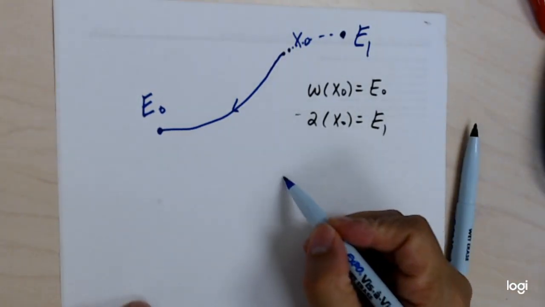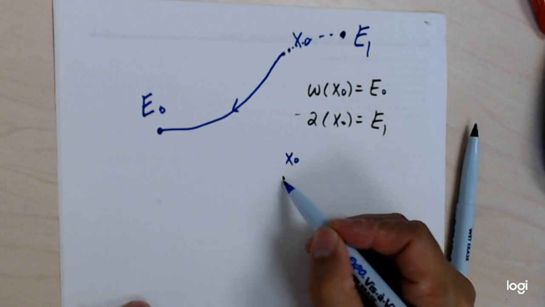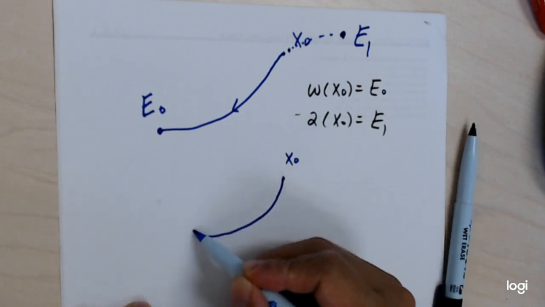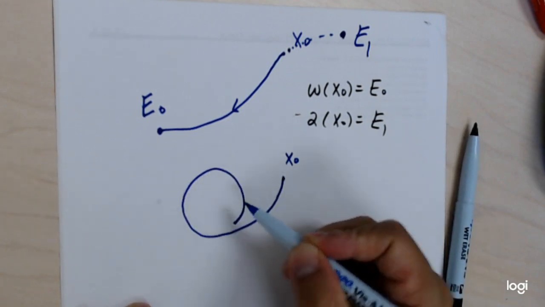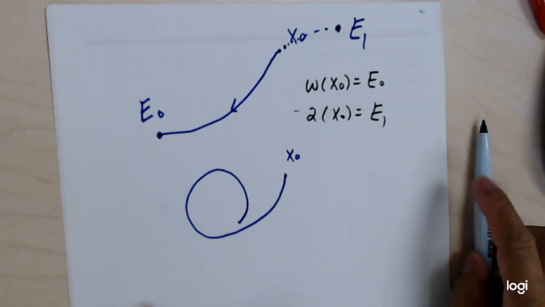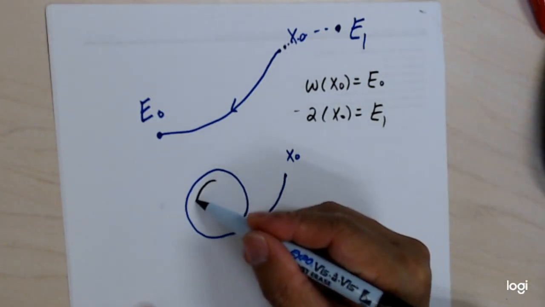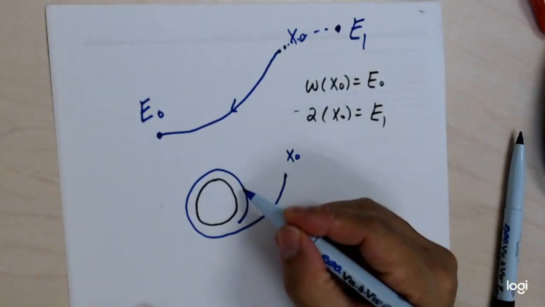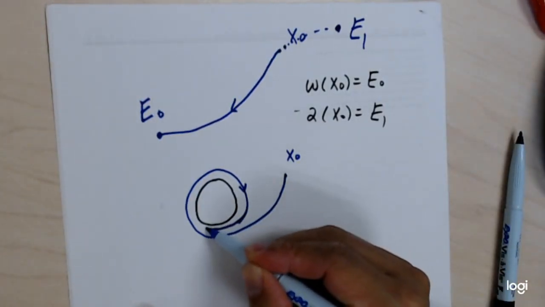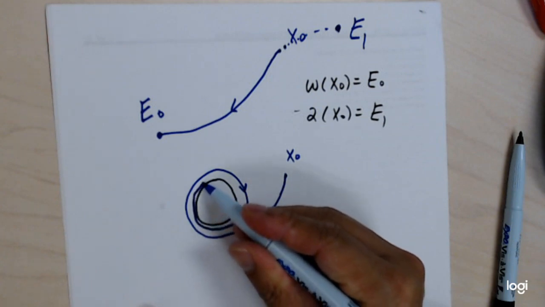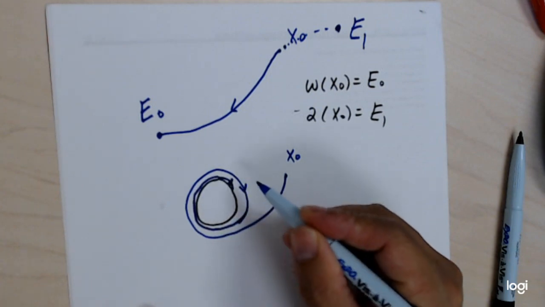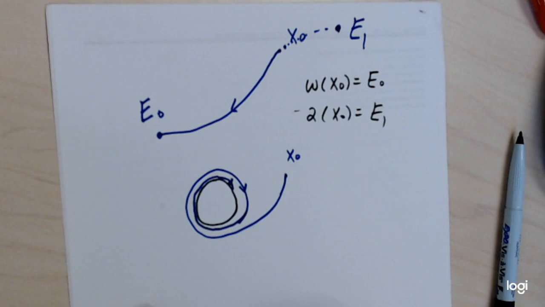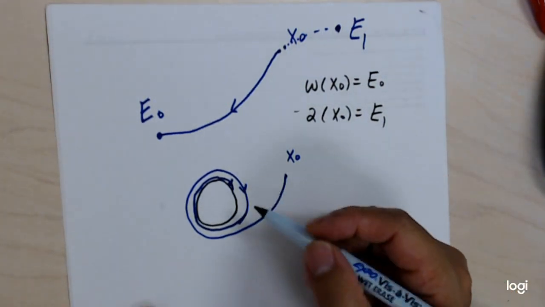Here's another example. If the trajectory looks like this, it appears to be approaching a closed orbit. The trajectory is moving closer and closer to this closed orbit. So in this case, it's not approaching any fixed point.